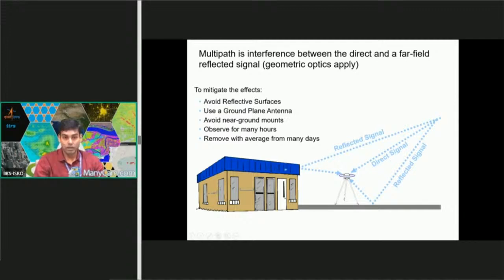When these reflected signals come to the antenna, due to the choke ring antenna they are reflected back again, and the right-handed signal converts into a left-handed signal, and when it comes back to the antenna, it will not enter our antenna because it has become a left-handed signal.